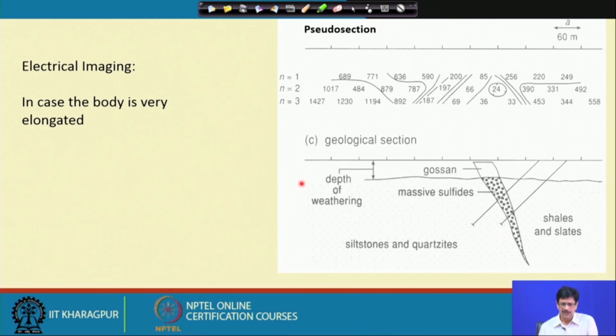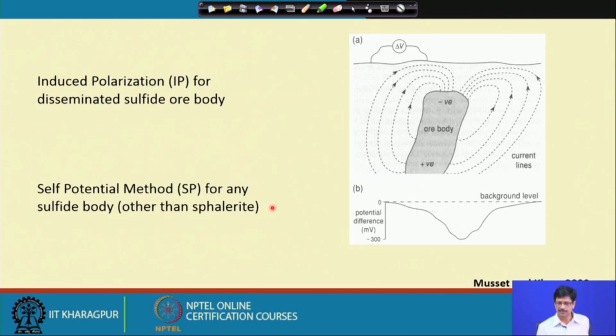The other type of electrical method regularly used for detection of sulphide mineral bodies is the induced polarization method, which is used for disseminated sulphide bodies. It works in the same way as the resistivity method, by which we apply current to flow through the surface.